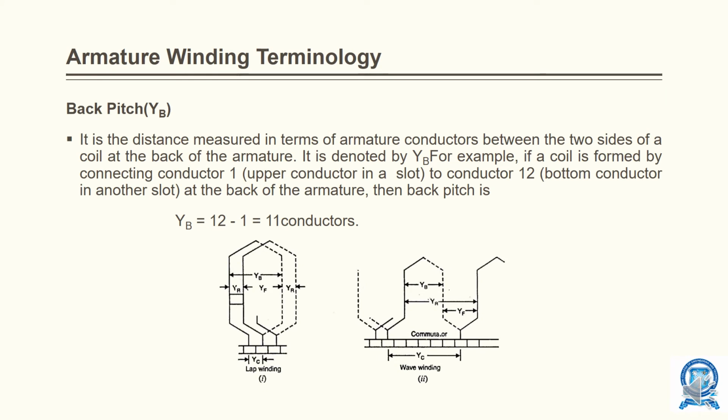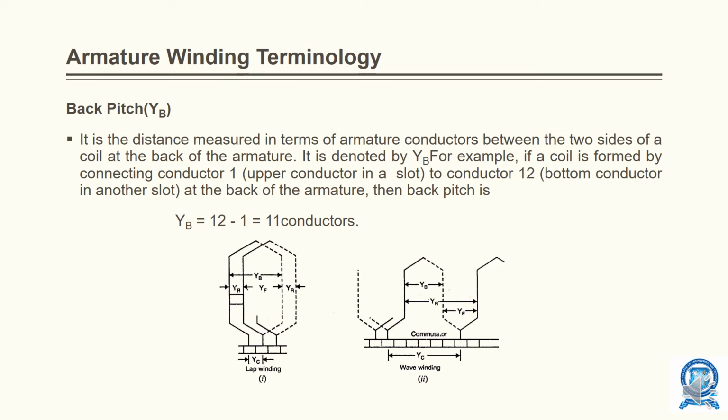So let us discuss some terminologies used. Back pitch YB. It is the distance measured in terms of armature conductors between the two sides of a coil at the back of the armature. It is denoted by YB.